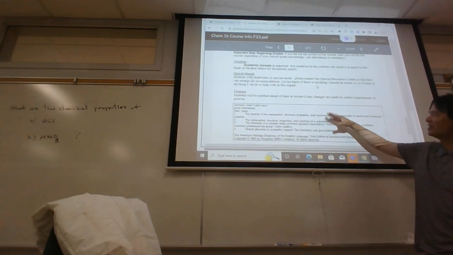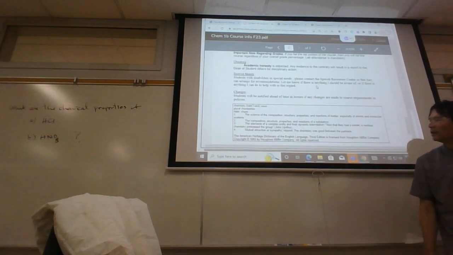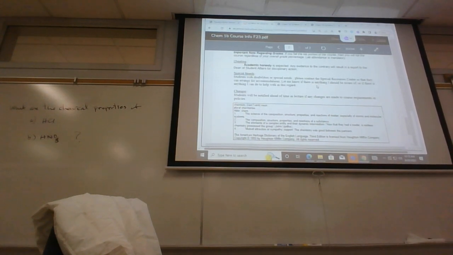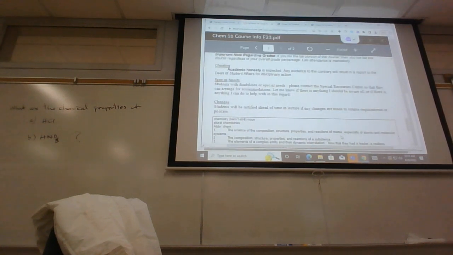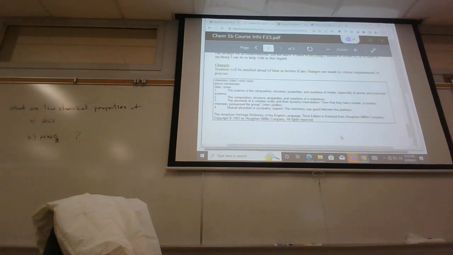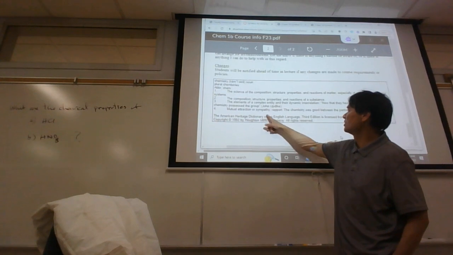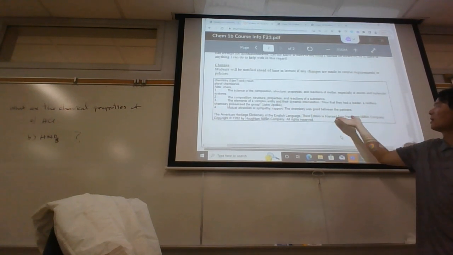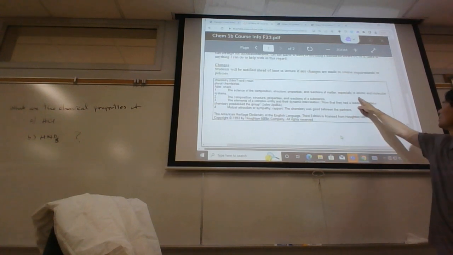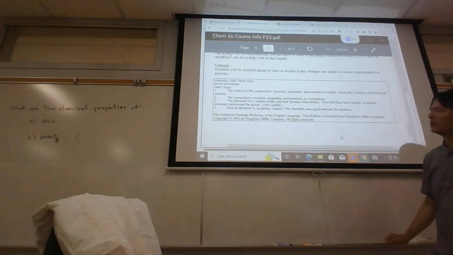And then I have this definition of chemistry here. We take a look at this, from the American Heritage Dictionary. One, the science of the composition, structure, properties, and reactions of matter, especially of atomic and molecular systems.